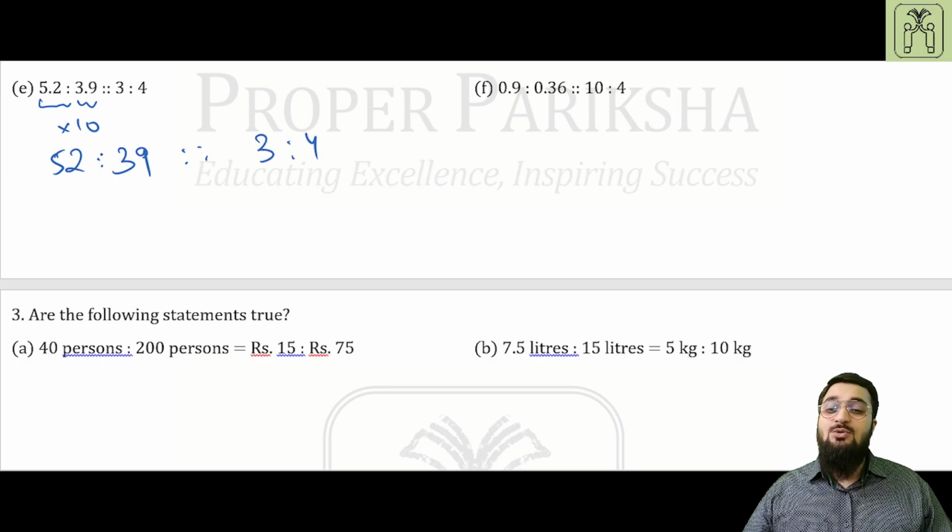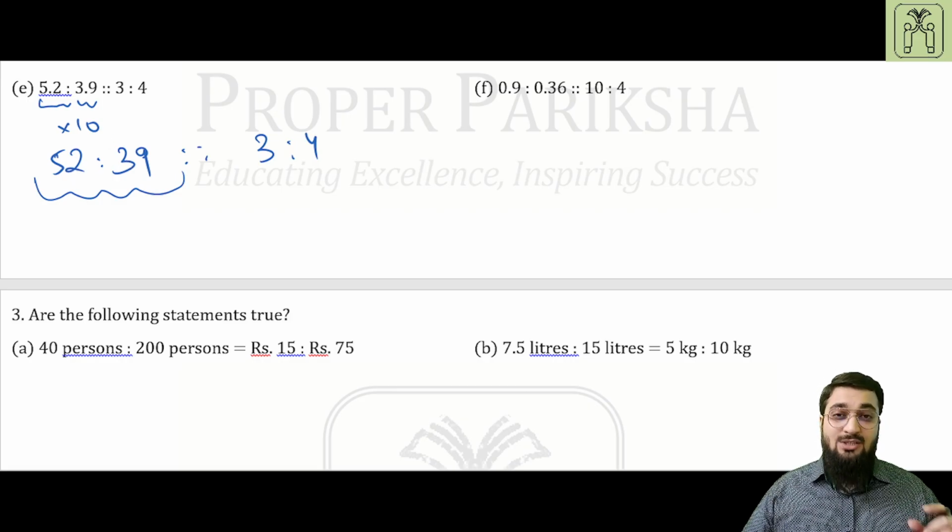As long as you are multiplying or dividing both the sides of one particular ratio, it has no difference at all, because it will then cancel out that particular multiplication or division, and it will get back to its original form. Just the way we used to find out the things, such as that there is a total of rupees 36 and we have to distribute it, and it will be distributed on the basis of age.